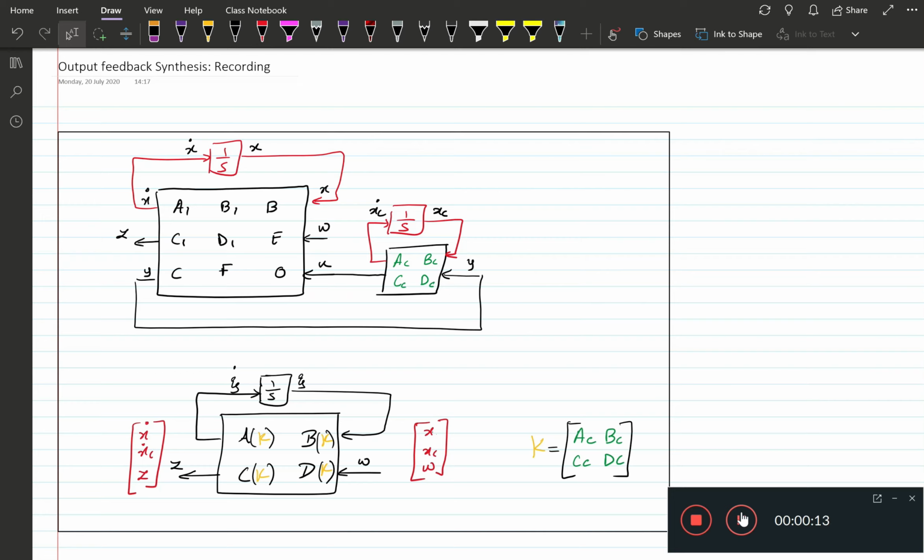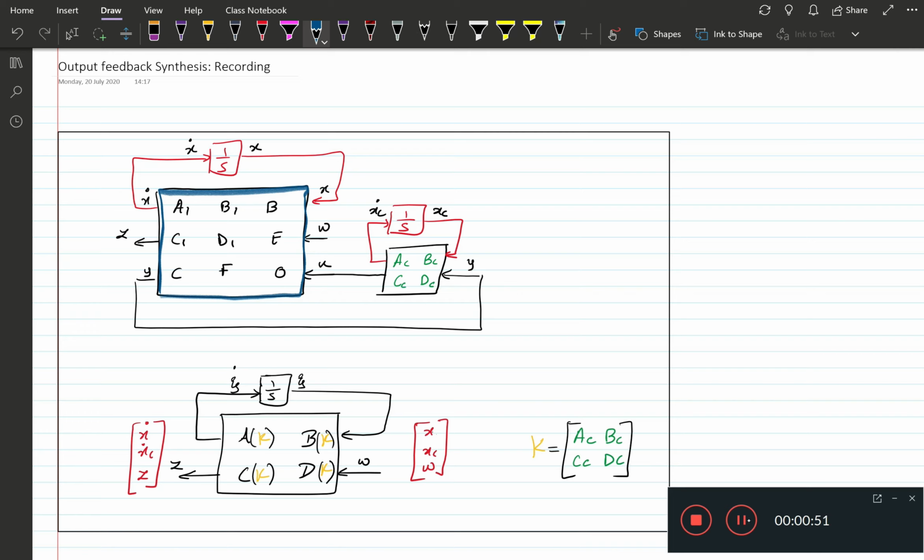We have an open loop plant with inputs W and U and outputs Z and Y and states X. We are looking for a controller which is again parameterized by state space matrices AC, BC, CC, DC, which can measure output Y and can exert U on the plant and has states XC.